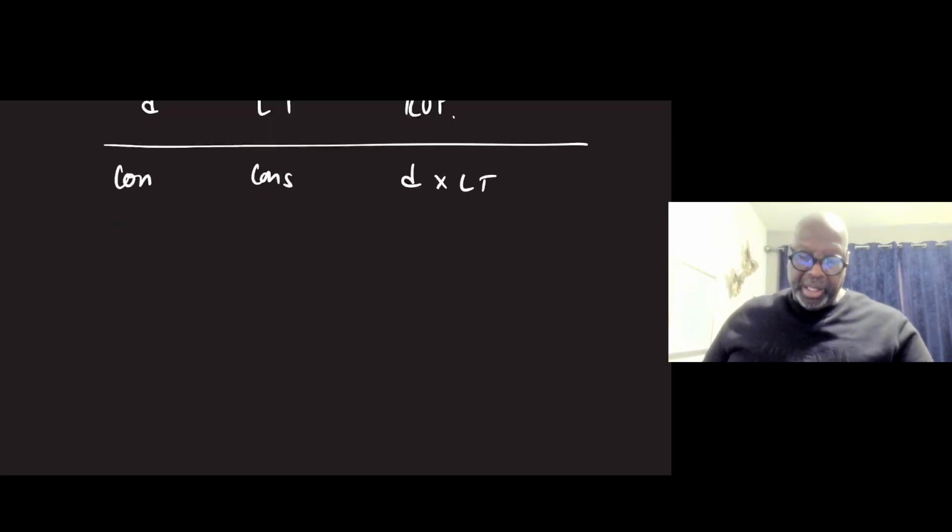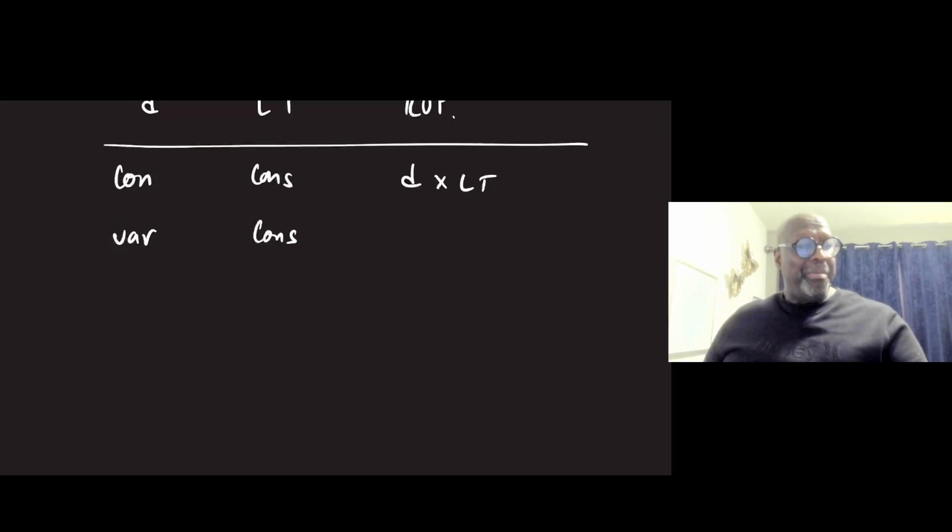If the demand is variable and the lead time is constant, we now have some variability we have to worry about, so we need some safety stock.